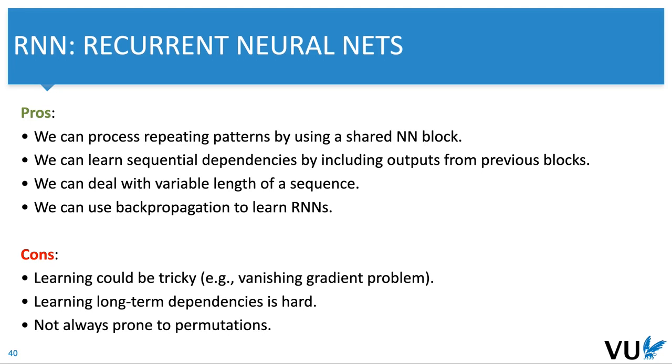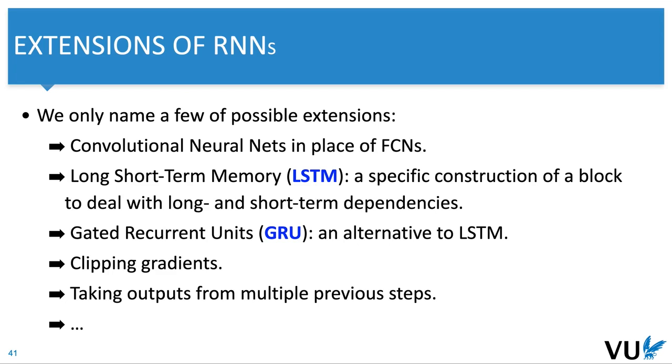But for some simpler cases, recurrent neural nets are perfectly fine to be used. There is a vast number of possible extensions. You can use convolutional neural networks in place of fully connected networks. You can use a very specialized construction of a block, so-called long short-term memory, or gated recurrent units.